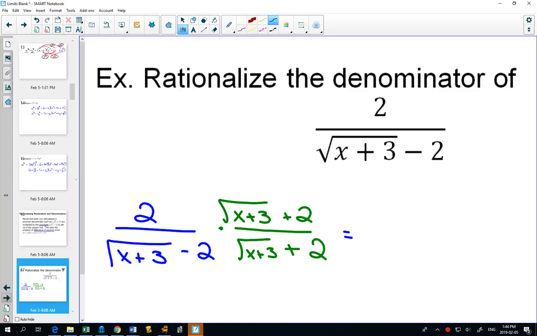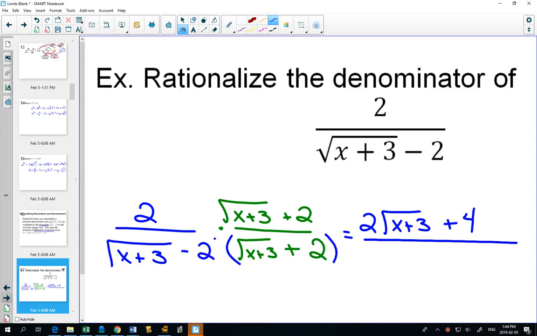In my numerator, if I distribute, I'm going to get 2 square root of x plus 3 plus 4. But in my denominator, if you look at these, it makes a difference of squares. And so I will get the first ones squared, which will just become x plus 3.